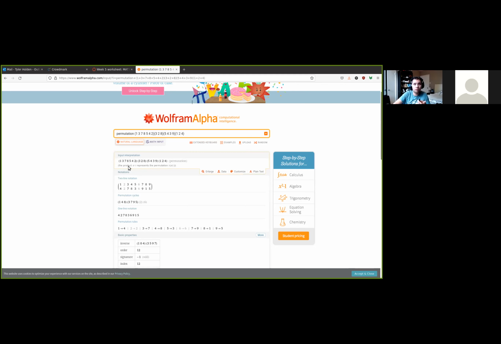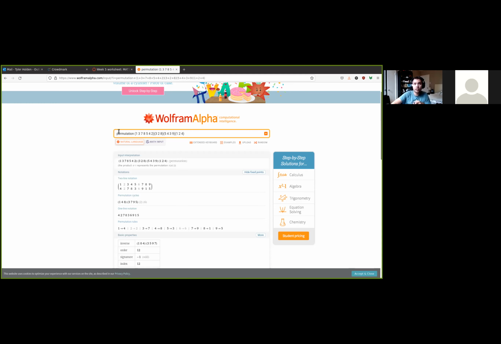Wolfram Alpha says the product sigma tau represents the permutation tau sigma. What that means is Wolfram Alpha is doing it the opposite way from us. We read right to left, but Wolfram Alpha reads left to right. We interpret tau times sigma as the composition directly, whereas it interprets them as flipped.